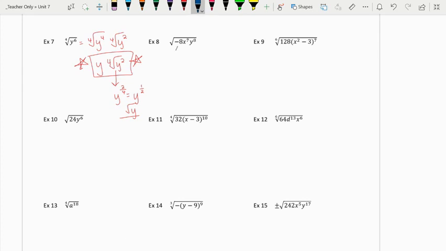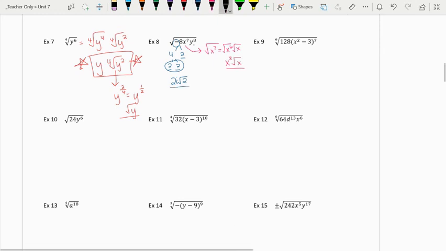On the next one, the square root of negative 8, I would simplify it. It's 4 and 2, 2 and 2. So this becomes 2 root 2. But I need an i in it because I have a negative as well. We then have the square root of x to the 7th. So I can take one x out, and now we have x to the 6th, which becomes x to the 3rd when I divide by 2.